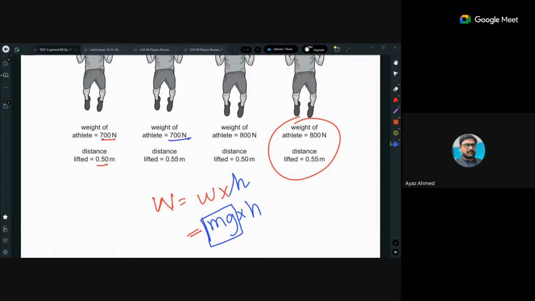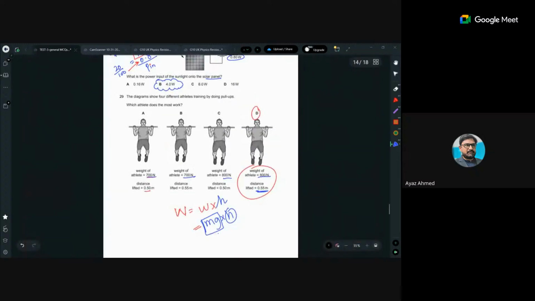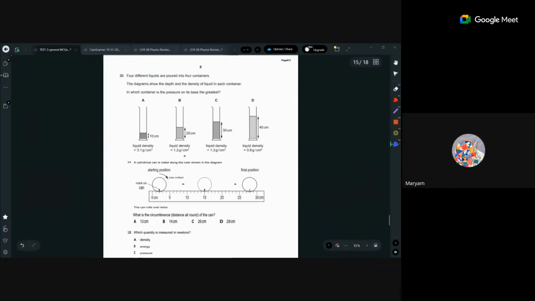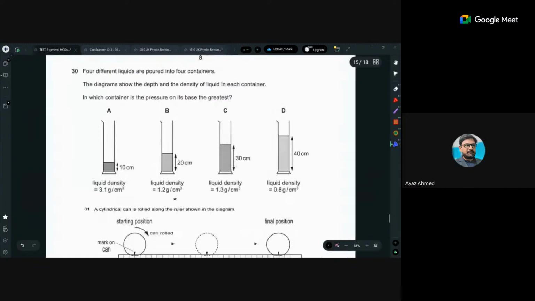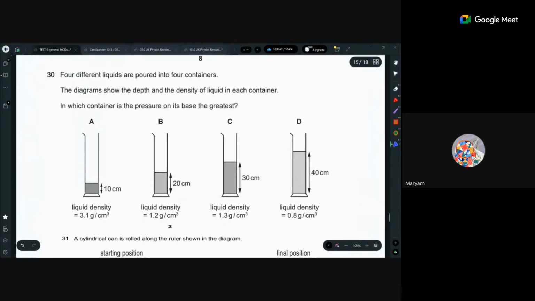This is mg, this is mg, this is mg, this is mg. So whose mg is more and who is covering more distance, that is athlete D. So it's doing more work. Got it? Yes sir. Clear? Okay, I think we only discussed one paper with you all just now.